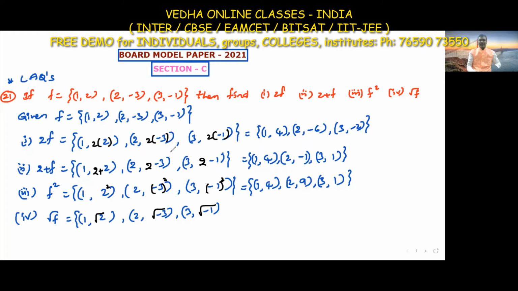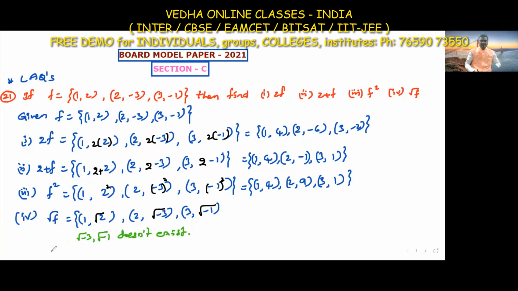Substitute carefully. Root of -3 and root of -1 do not exist. When we have a negative value inside the root, we can't simplify it. Afterwards we get complex numbers, but in the real number system it does not exist.